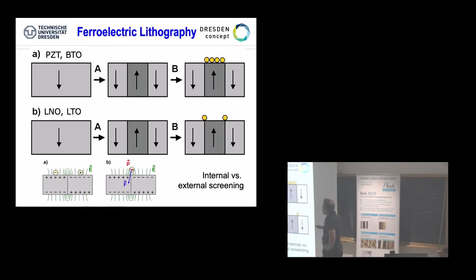And you see nicely what happens in this case, where the shielding is internal: the material would rather go towards the domain. Meaning, okay, this is negatively charged, my material to deposit is positively charged, so the attraction is rather in the domain. In the second case, B, this attraction is to the wall only. The stray field is strongest at the wall and not within the domain.